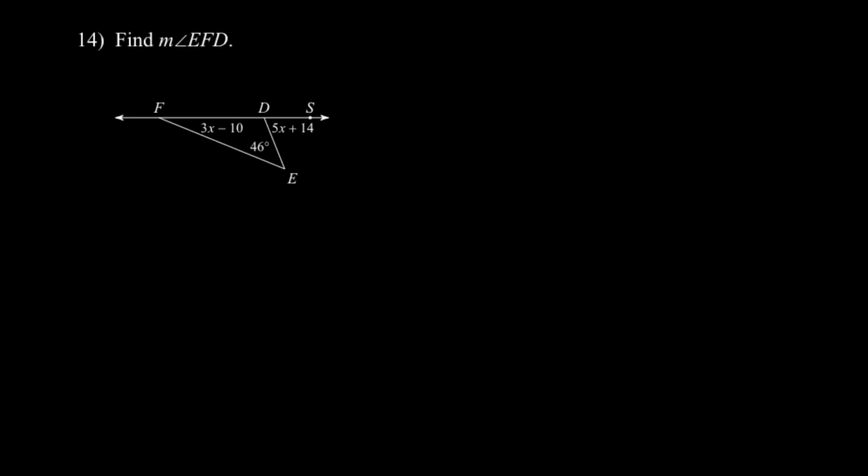And then we have a slight variation of this sort of exterior angle problem. Notice this time I am finding the measure of angle EFD. So in order to do that, I first need to solve for x.